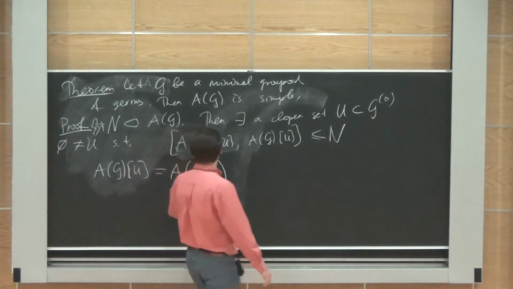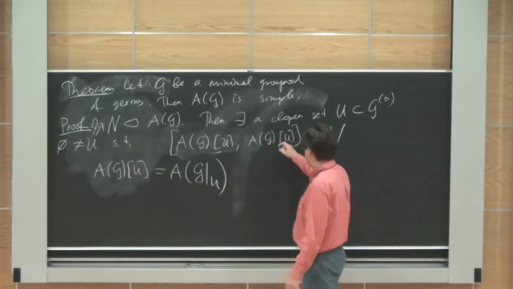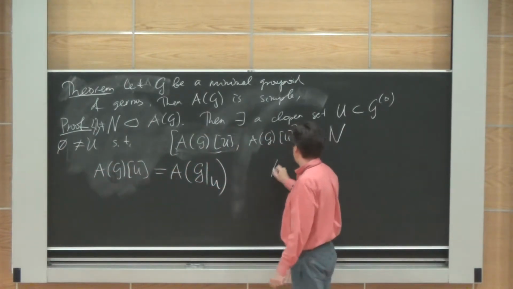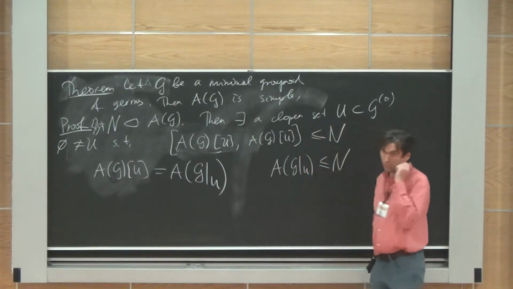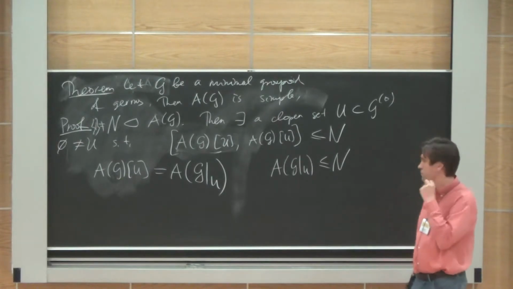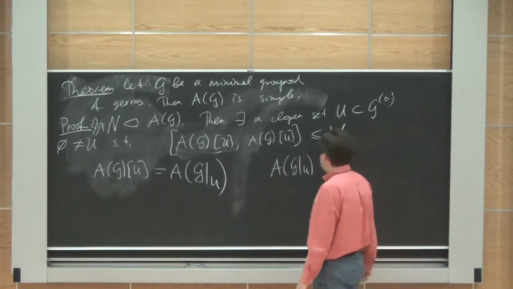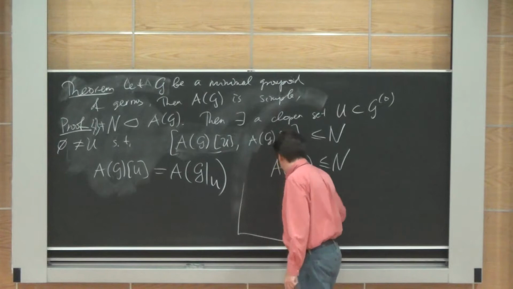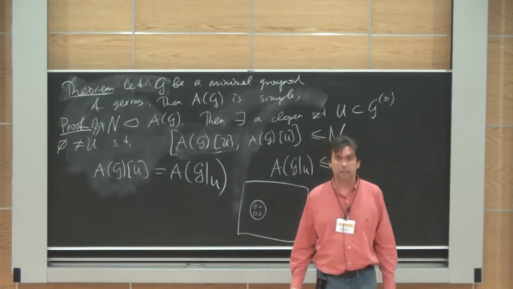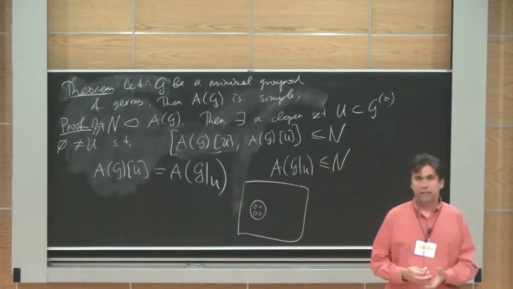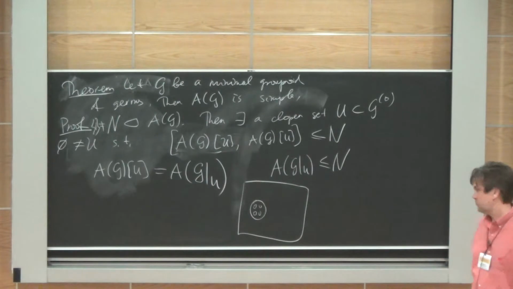And this is perfect, so in fact this is equal to this. So A restricted to U is in N. So this is your unit space. You know that there is some Clopen set such that if you take any multisection in this Clopen set, the alternating group on that multisection is in the normal subgroup.